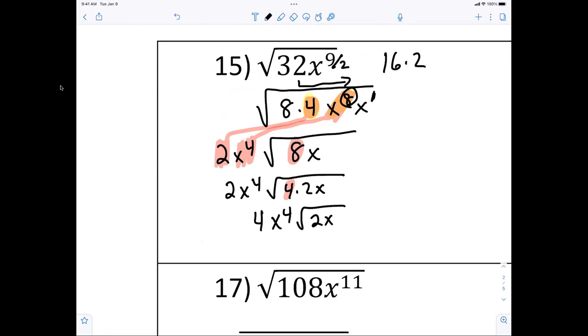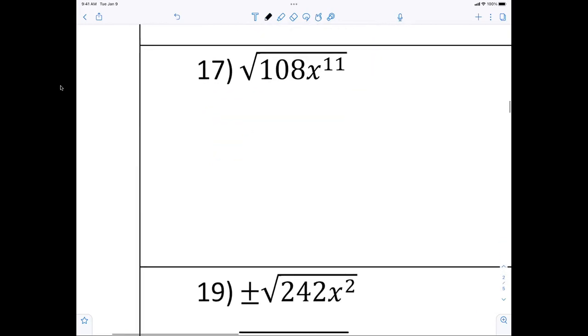All right, like I'm saying, let's go down the page. All right, Brennan, 108, what are you thinking? Yes. 12 times 9, and then what do we do to x to the 11? X to the what?